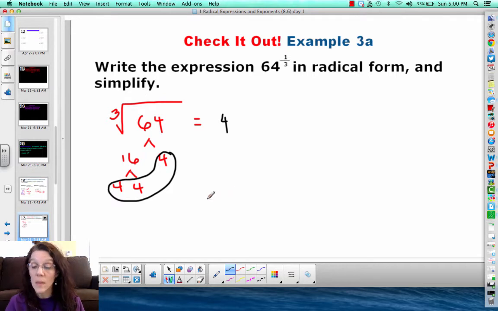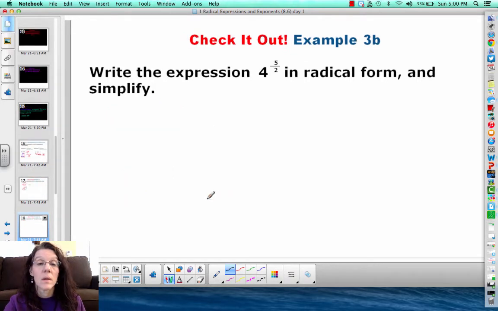All right, so now this one has an improper fraction, but that's okay. We have 4 to the 5 halves. Again, this is 4 to the 5th power, and this is our root, square root. So I'm going to write my radical sign. Now, we don't always write this out here.